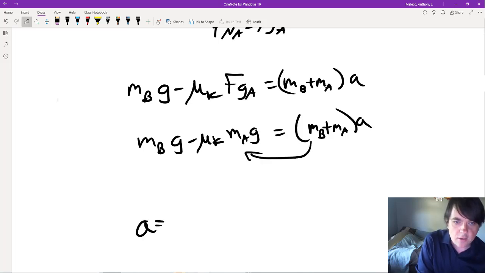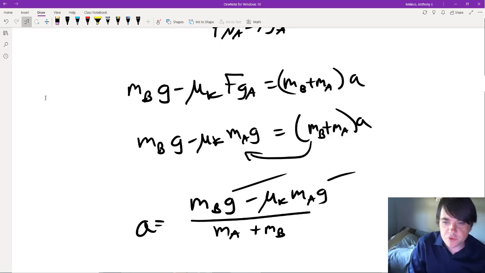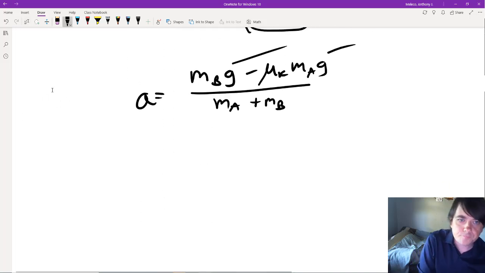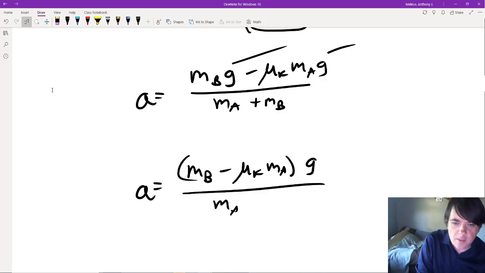So now we can just divide that over. A equals MB g minus mu k MA g over MA plus MB. We can do one more thing and pull out the g. So a equals MB minus mu k MA times g over MA plus MB.